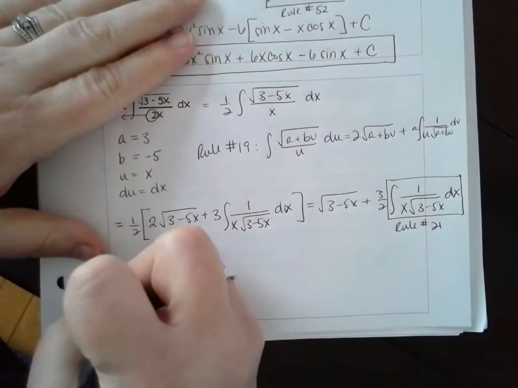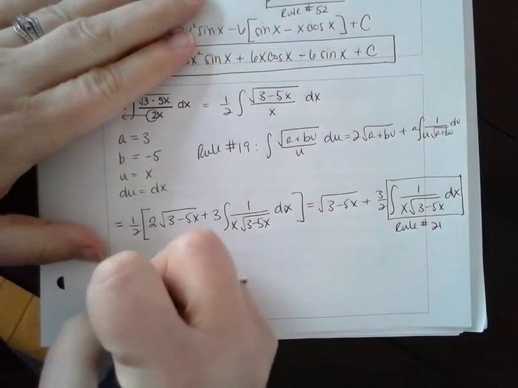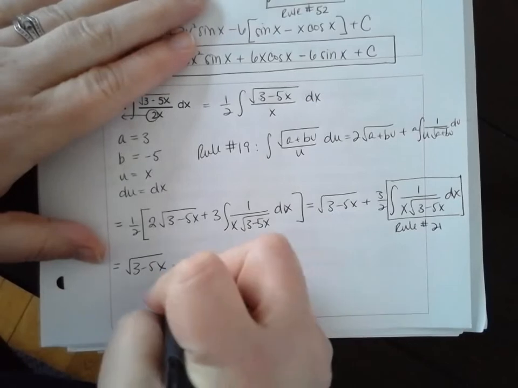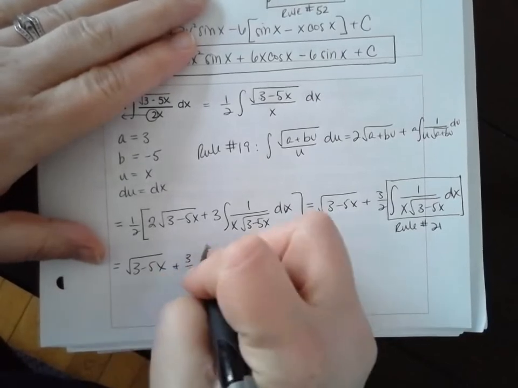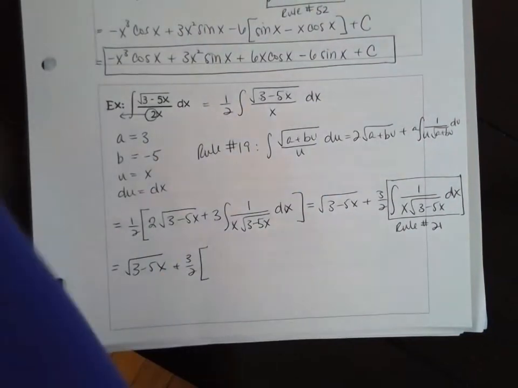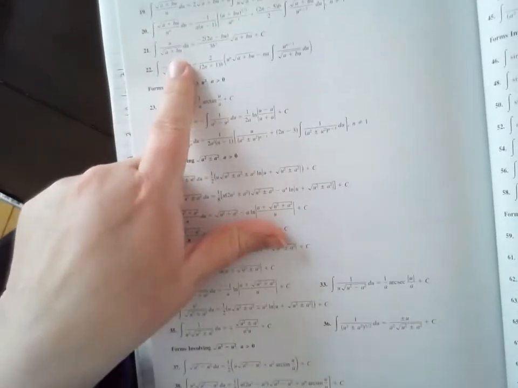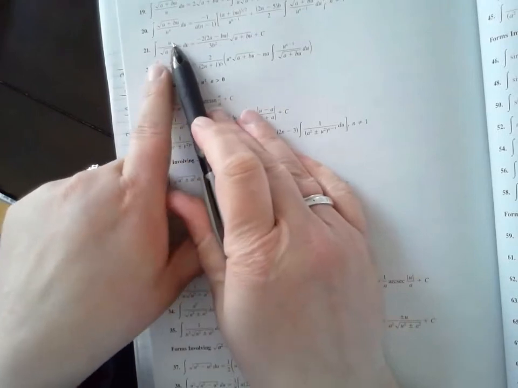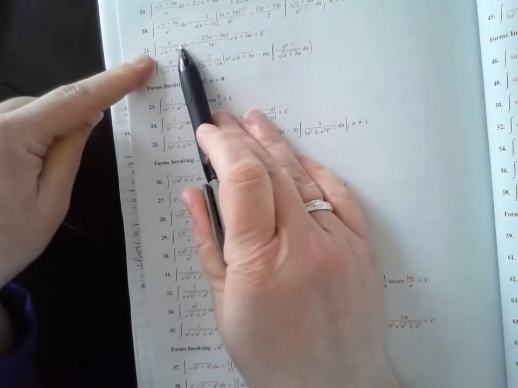Rule number 21 has the radical in the denominator. Nope, that's not what I want because u needs to be down there with it. So I apologize, not 21.